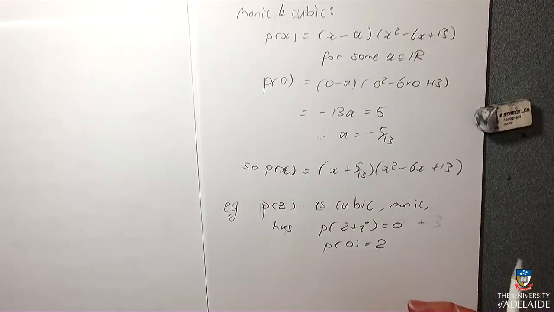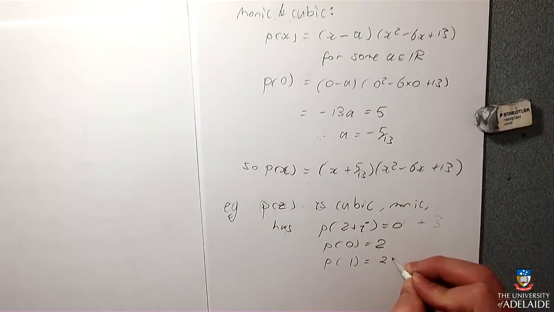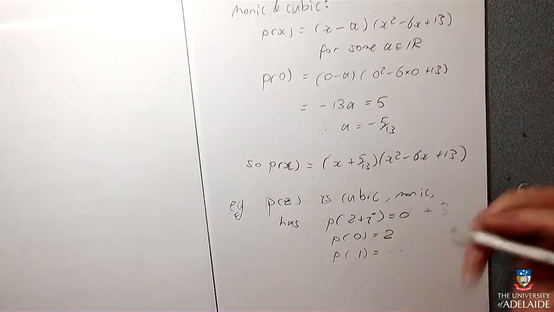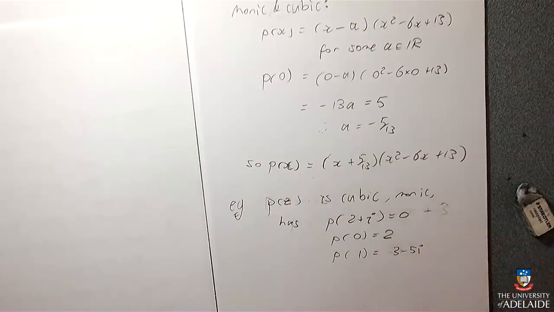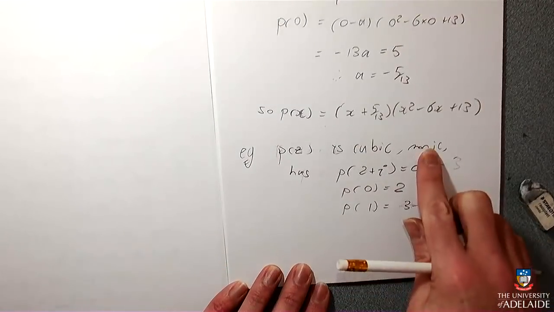So I need another one, right? Something like that. So that would be enough information to find this polynomial. We would need to have a complex number coefficient for each of them. We know what the leading coefficient is. 1, 2, 3. Yeah, well, let's give it a go. It says it was monic.